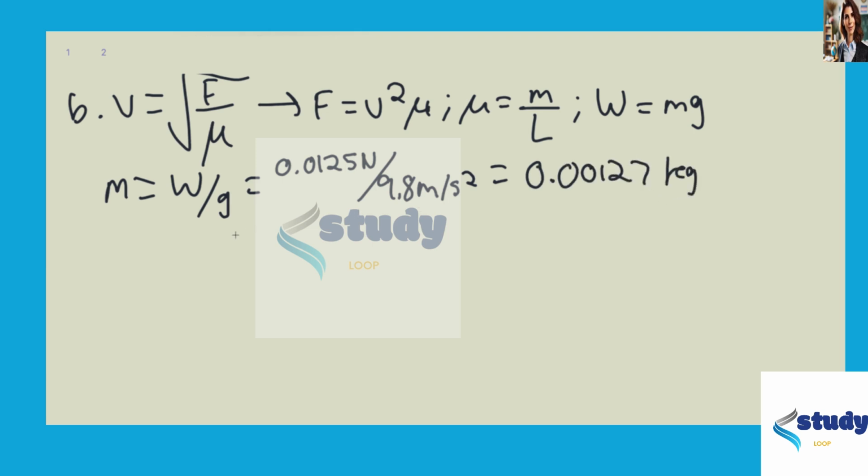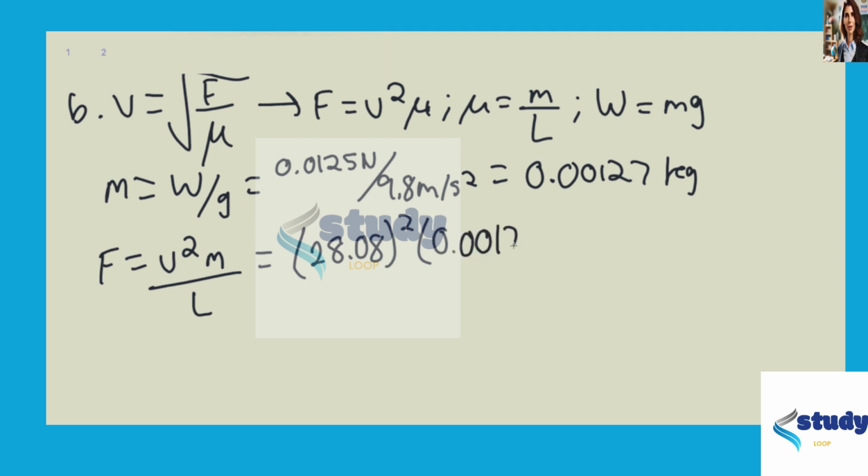At this point, we have all of our constants needed to approach this, and we can say that F is going to be V squared m over L. So again, 28.08 meters per second squared times the mass, 0.00127, and then divided by the entire length, I apologize, 1.5 meters.